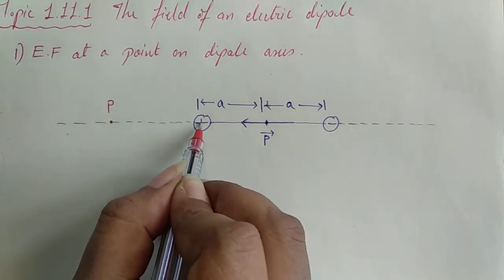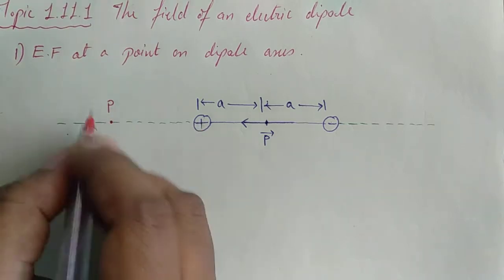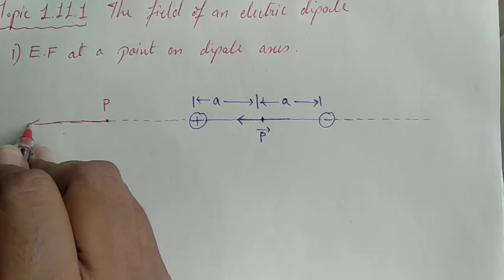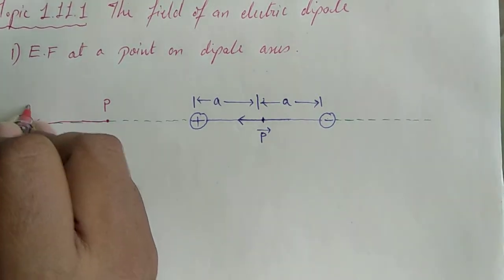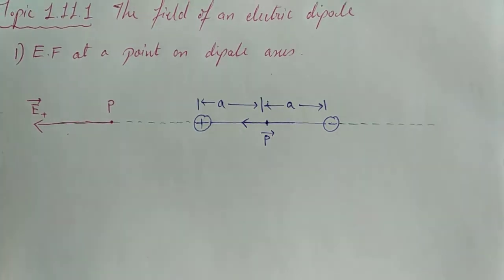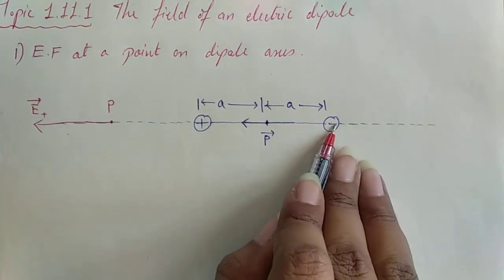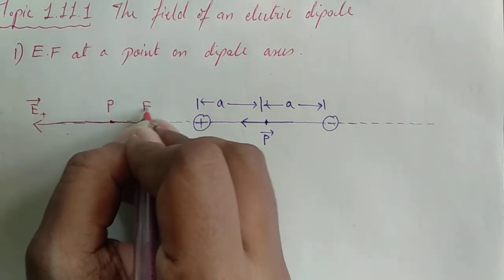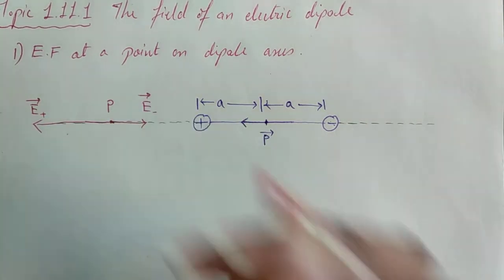Because of the positive charge, the direction of electric field here will be radially outwards. So suppose this is the electric field at point P due to the positive charge, and due to the negative charge the electric field will be in this direction, which is radially inwards for the negative charge.